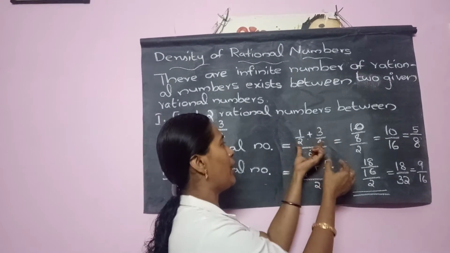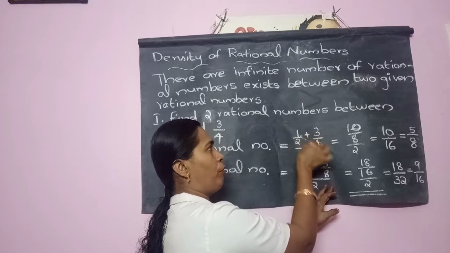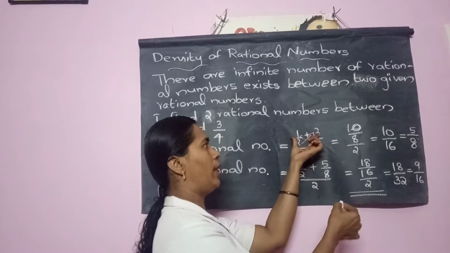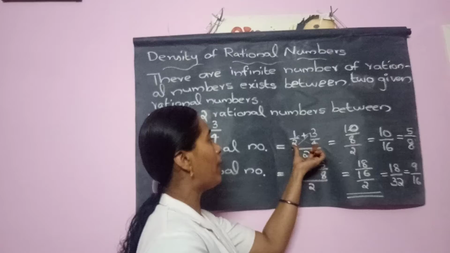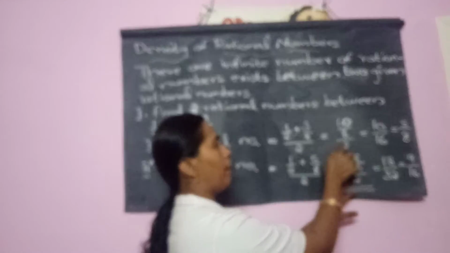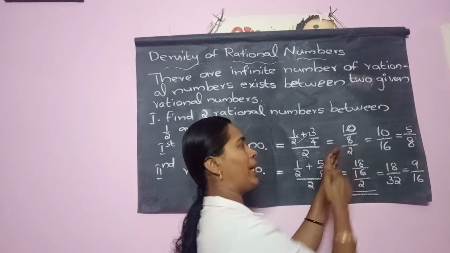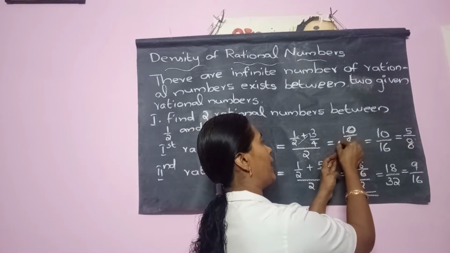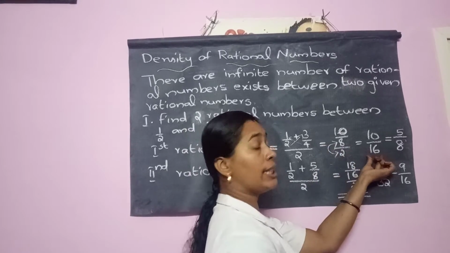Add the numbers, divide by 2. For the addition of numbers, I am using cross multiplication. So I have a 4, I have a 6, total 10. 4 plus 6 is 10. And my denominator is 4 2s are 8. And here divided by 2 is also there. So A by B divided by C means the denominators will join together, and they will be equal to 16.